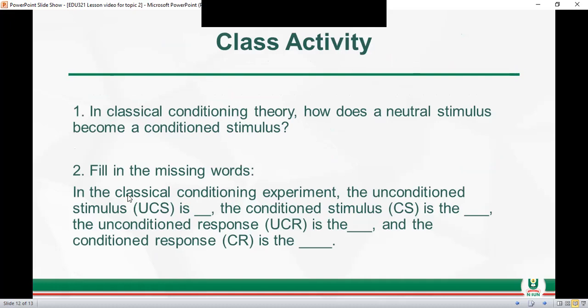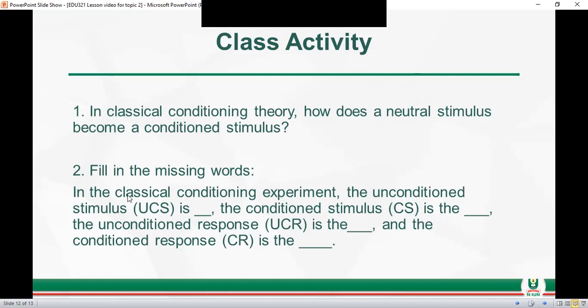In the classical conditioning theory, the unconditioned stimulus is dash. The conditioned stimulus is dash. The unconditioned response is dash. And the conditioned response is dash. So attempt this class activity.